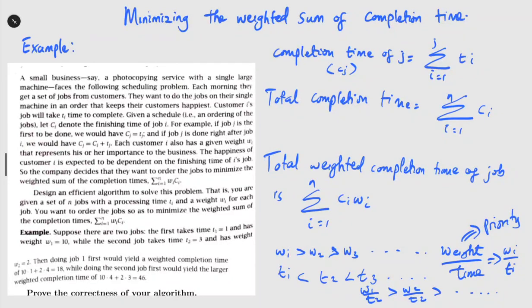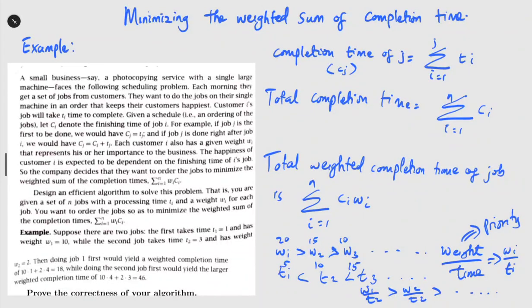Let's visualize this with numbers. Supposing these weights go from, let's say, 20, 15, 10, that way, and the time goes from, let's say, 5, then 10, then 15. We see that for W1 over T1, 20 divided by 5 will be 4.